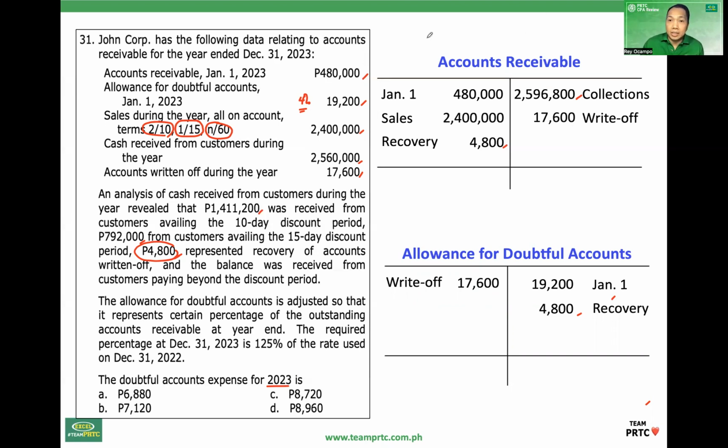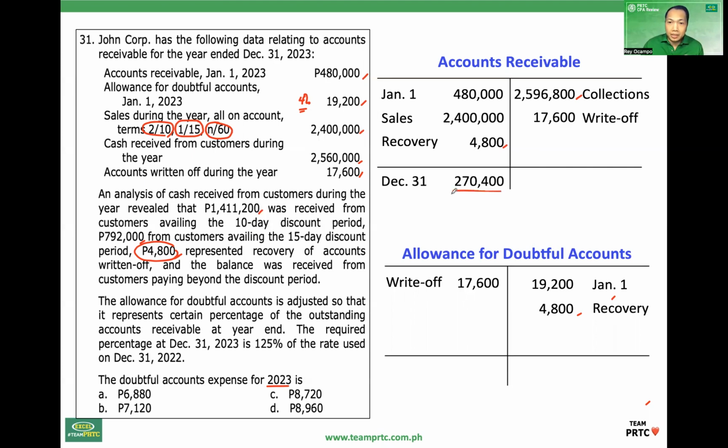No other transactions affecting AR. Get the balance at December 31. So beginning plus sales plus the recovery, minus the collections, including the recovery, minus the write-off. Balance at December 31.